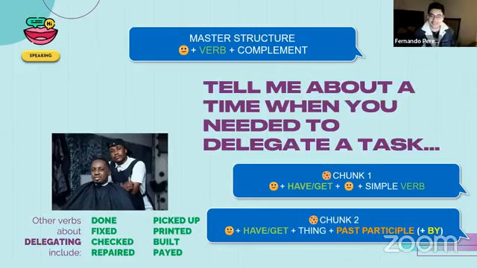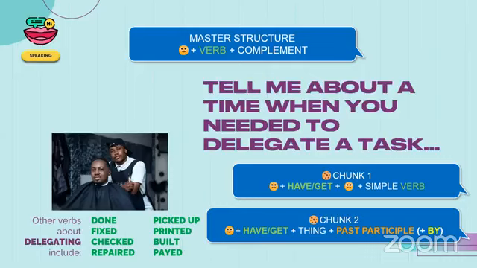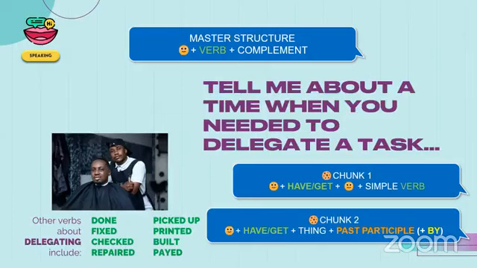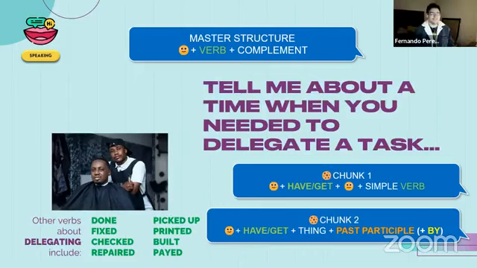When, how often? Give me more complement. Last month. Okay, so you're talking in past. What is the past of have? Had. Exactly. Let's go again. I had the bills paid last month. Correct.